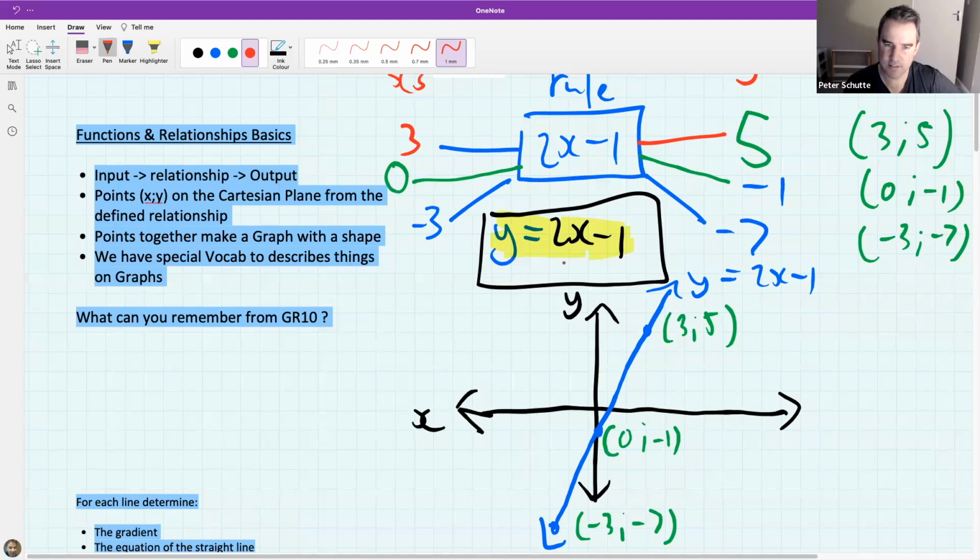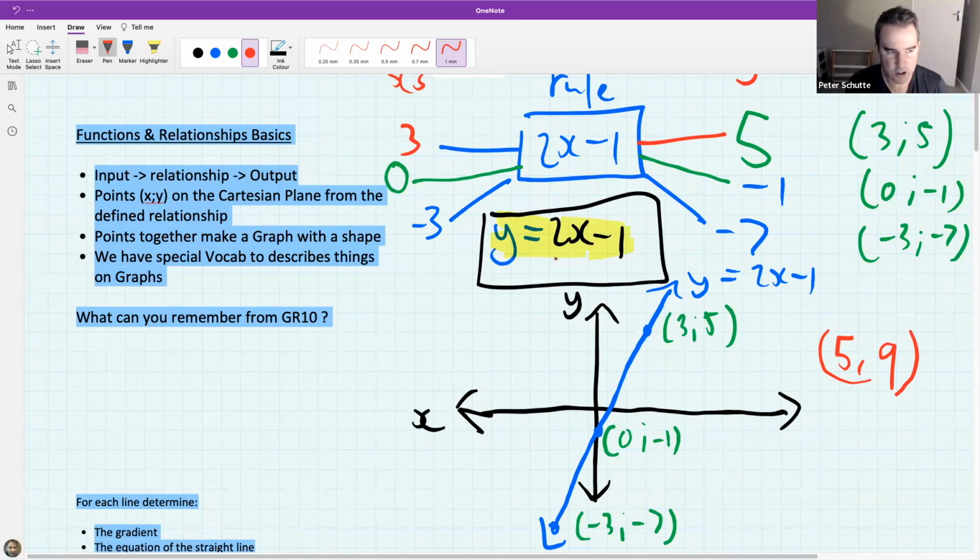Okay, Fatejo has said (5, 8). Now, let me see if I can get (5, 8) from the rule. So 2 times 5 minus 1, I get 9. So for Fatejo, I would say you're close, but my point would have been (5, 9). Because if I put 5 into my machine, out pops a 9.